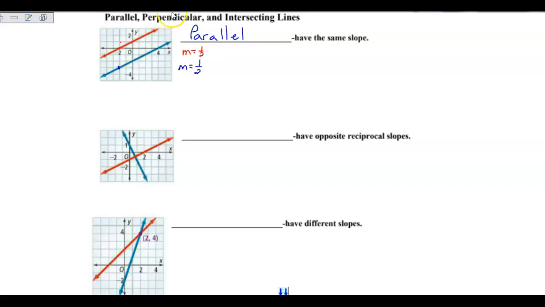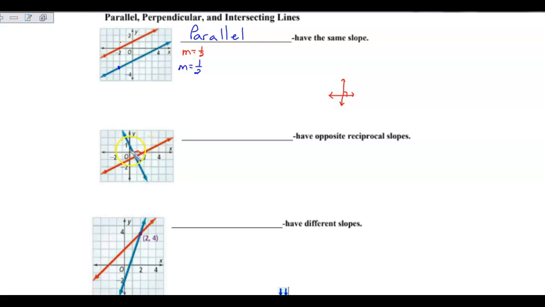Well, perpendicular lines cross at a right angle. So if I were to look at this one, it appears that this is a right angle. This one obviously is not. A real quick way to determine would be to bring over a sheet of paper and line it up.